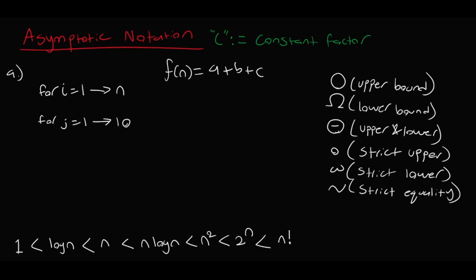Now let's say we were to nest these. Nesting would be to put one for loop inside the other. Let's start with a constant. This means that for every n, we run 10 operations. So we have 1 element, 2 elements, 3 elements, all the way up to n, and for every element, we run 10 operations.